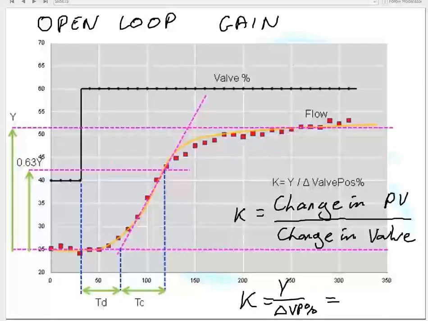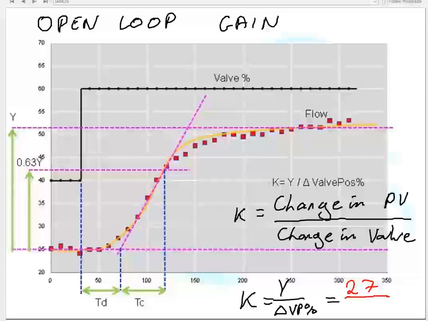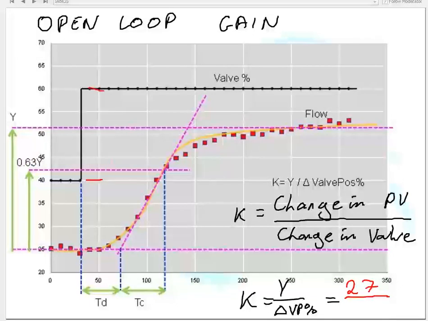Now my y value, I made it roughly 27, and my valve went from 40% open here to 60% open there. So my valve changed by 20%.